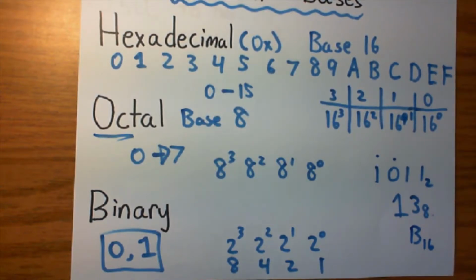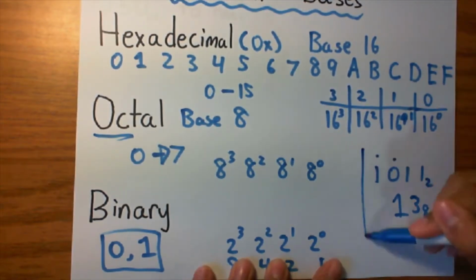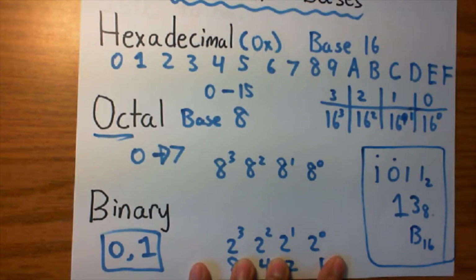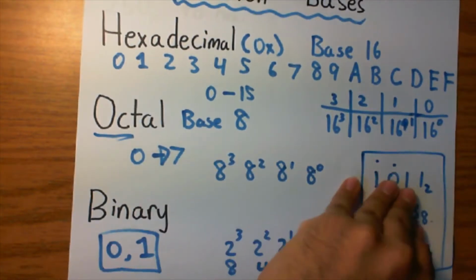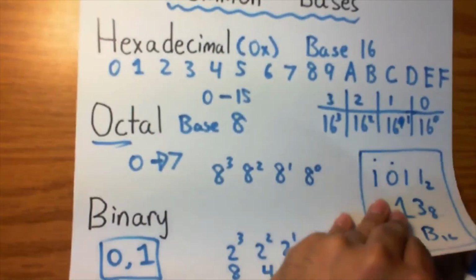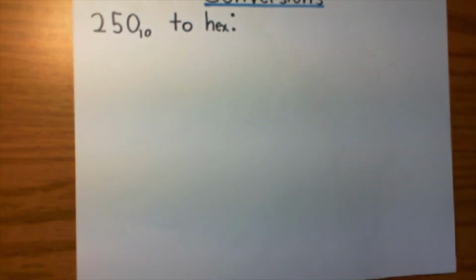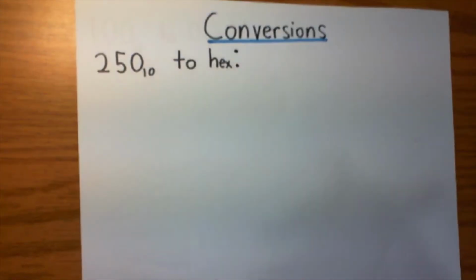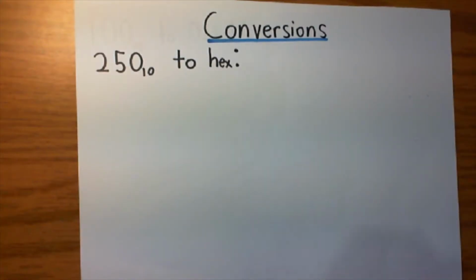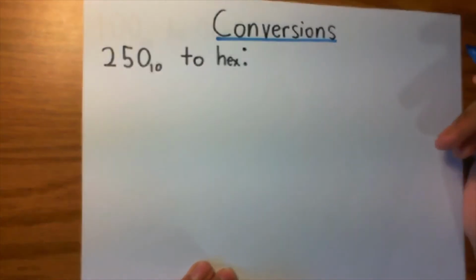So that's sort of the general idea. We'll go over a couple more examples right after this. So let's do, we're going to start off with a conversion from 250 to hexadecimal. So this is base 10. The way we're going to do this is we have to think about it in terms of the hexadecimal digits.